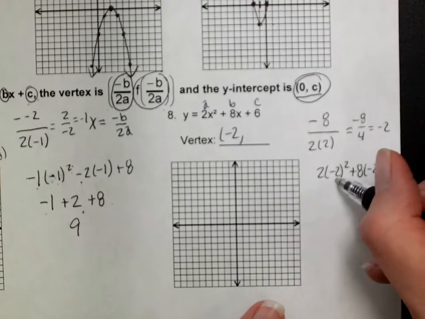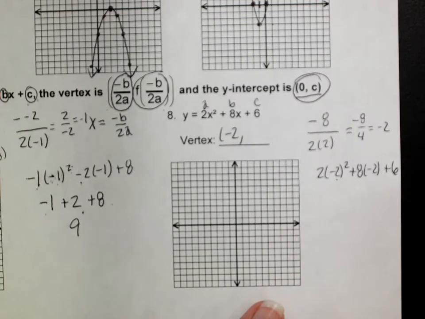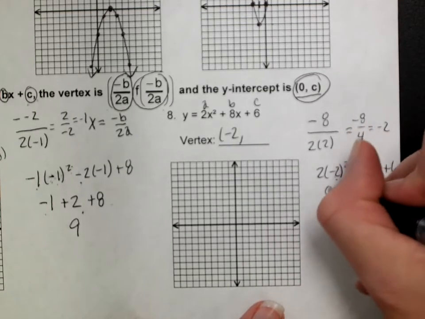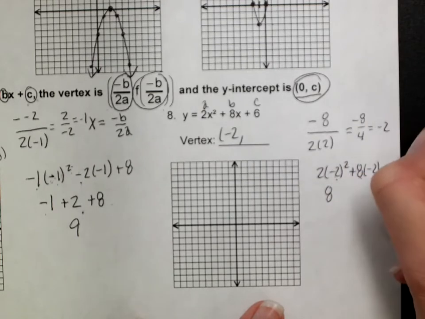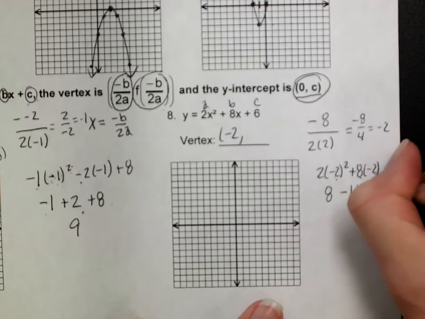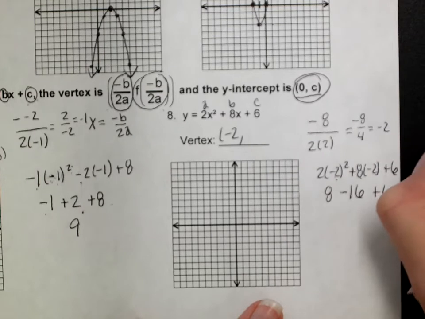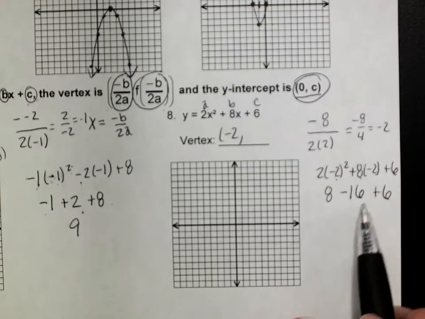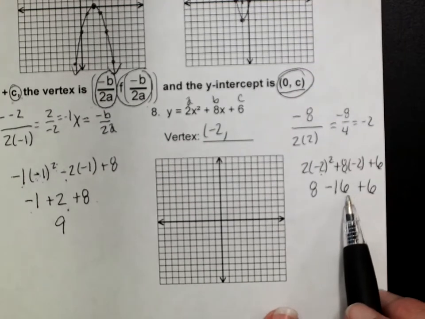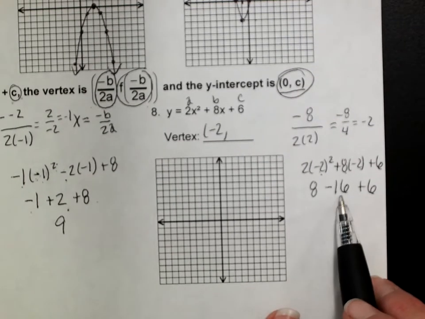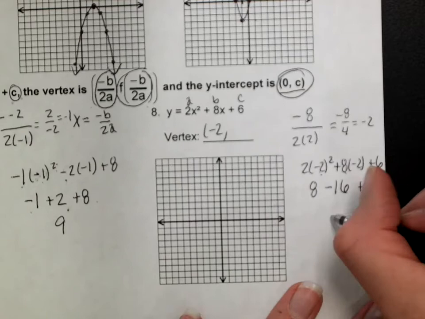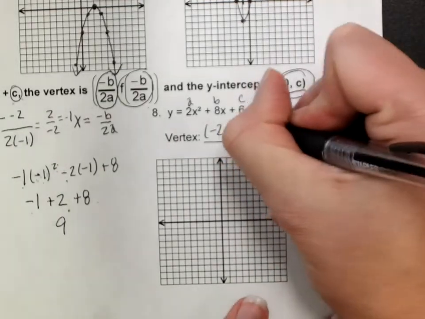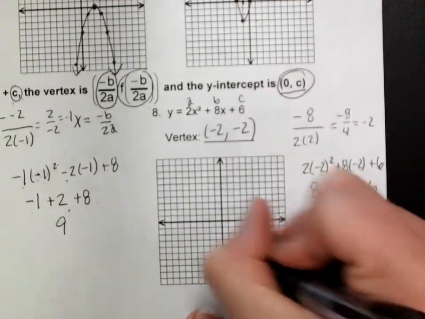Negative 2 squared is 4. 4 times 2 is 8. And 8 times negative 2 is minus 16, plus 6. Gross. So 8 minus 16 is a negative 8. Negative 8 plus 6 is a negative 2. So negative 2 is your y value.